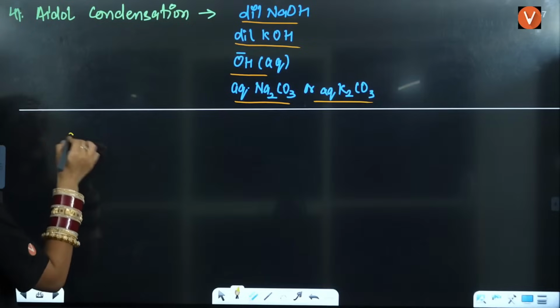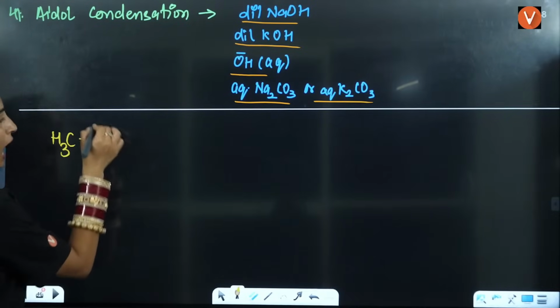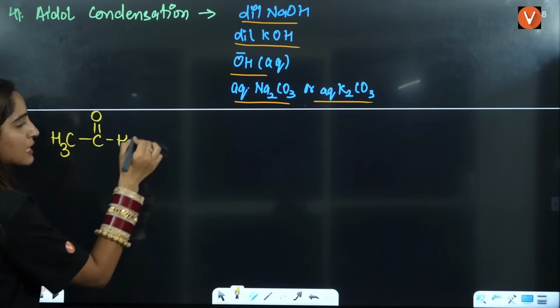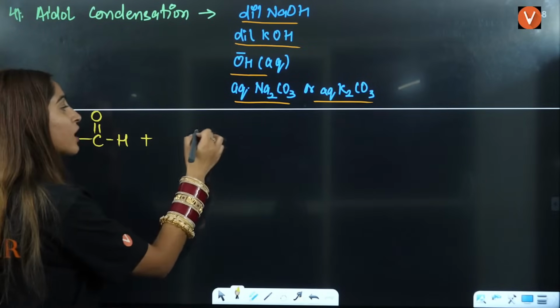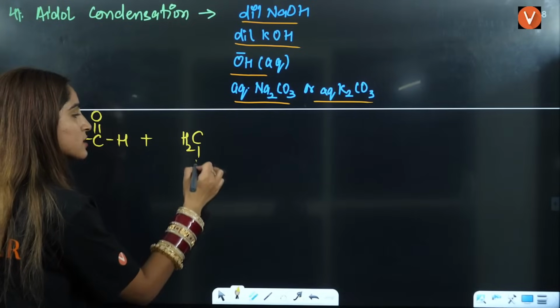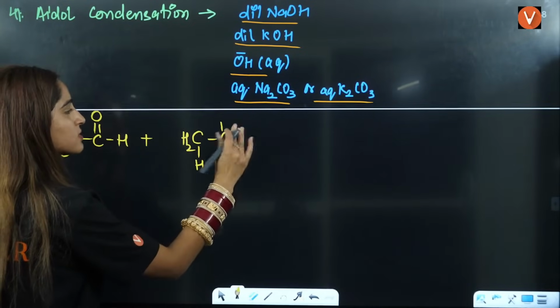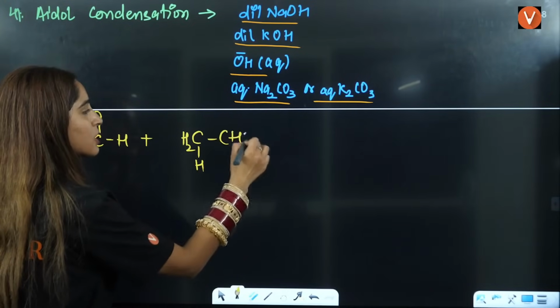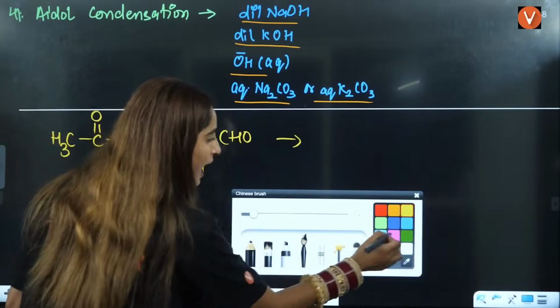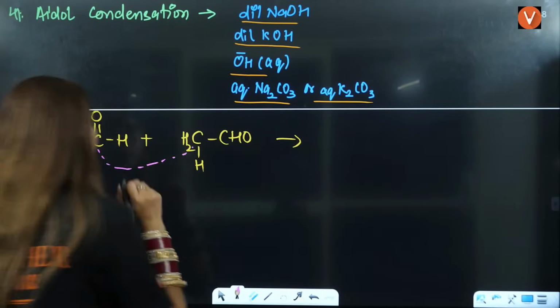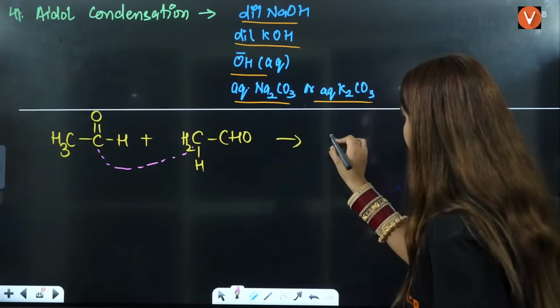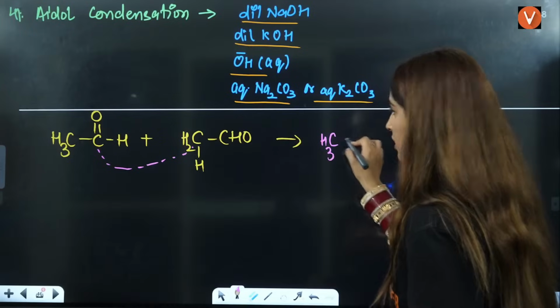First molecule you will write keeping the carbonyl carbon open. Second molecule you will write keeping the alpha carbon open. This is the alpha carbon, right? Now you have to attach the carbonyl carbon with the alpha carbon.